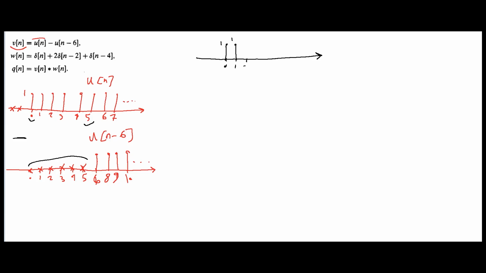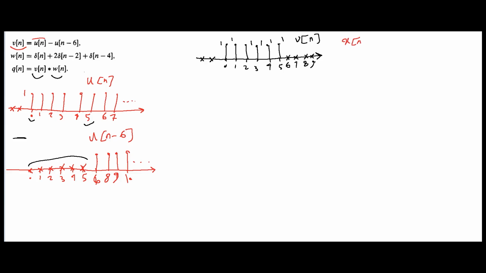Therefore, the difference is 1. For n greater than or equal to 6, both signals are equal to 1, so their difference becomes 0 again. As a result, v[n] is equal to 1 from n equals 0 through n equals 5, and 0 everywhere else.